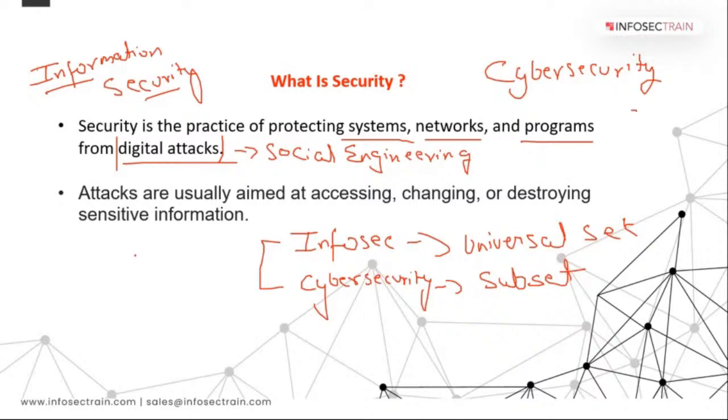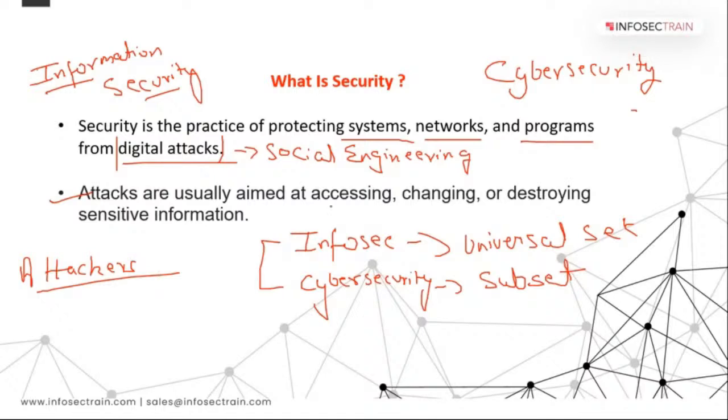Now, the next thing we have is that attacks are usually aimed at accessing, changing, or destroying sensitive information. What we do is secure our data from the attackers. Now, what is the agenda for the attackers? What are they aiming for?